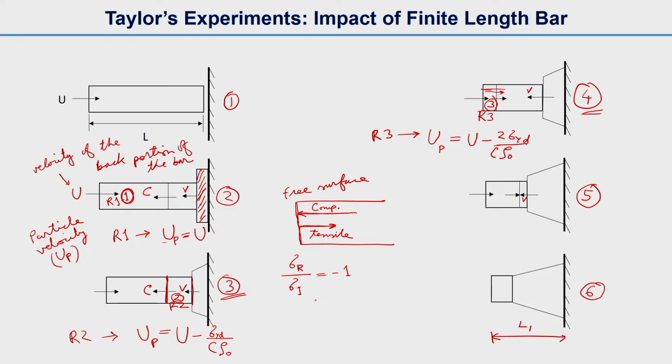However, we also discussed that the ratio of the particle velocity of the reflected wave to that of the incident wave is +1. So whatever the particle velocity is for the incident wave, UPI, the reflected wave has UPR.